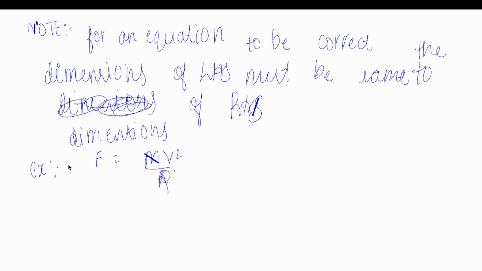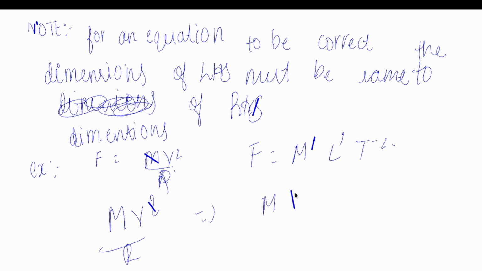We know F is M power 1 L power 1 T power minus 2, and mv²/r is M into L power 2 T power minus 2 divided by L power 1. This becomes L power 1, which equals M power 1 L power 1 T power minus 2.